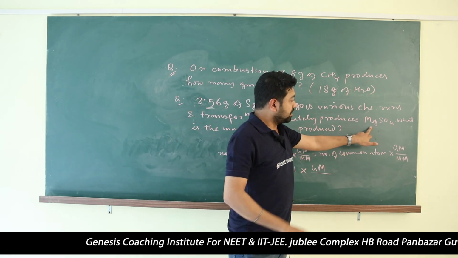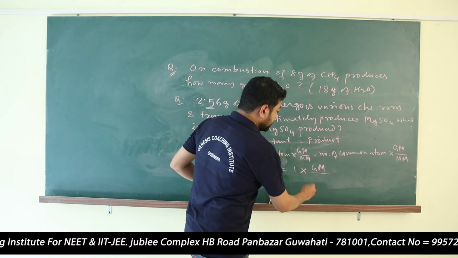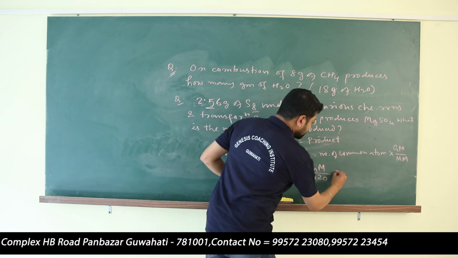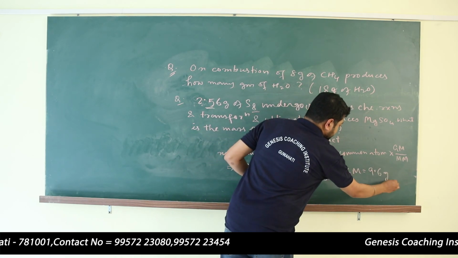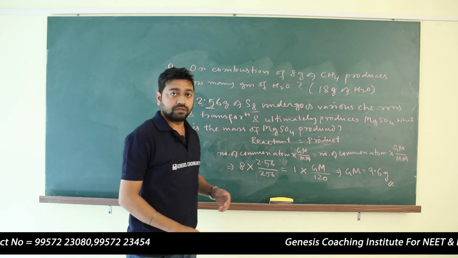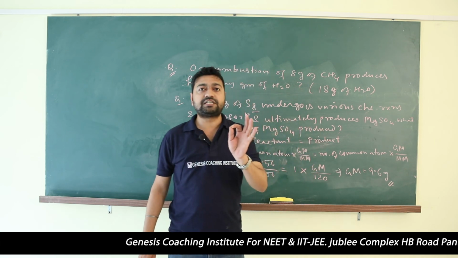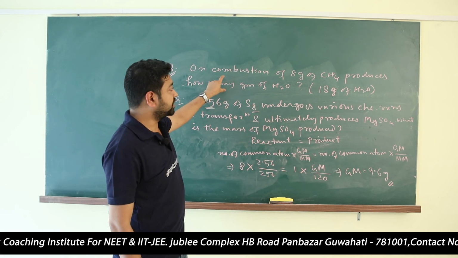This is 24, 32, 64. The total is 120. Now after calculation, you get the mass, which is 9.6 gram. This is the answer of this question. So here we can get that answer with the help of the POAC method. Now remember these things.